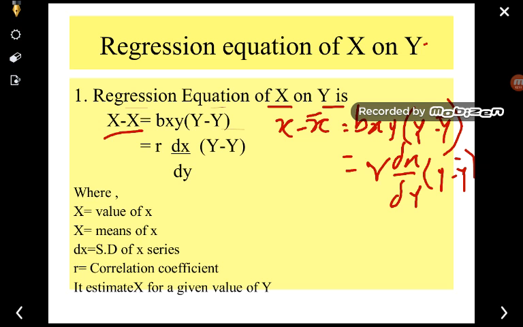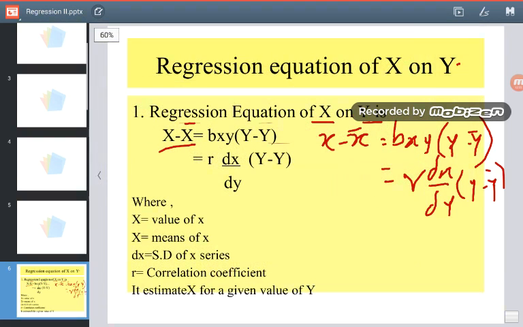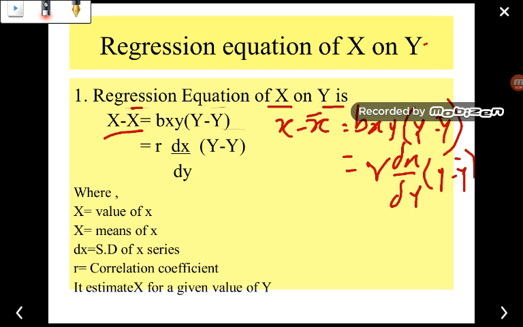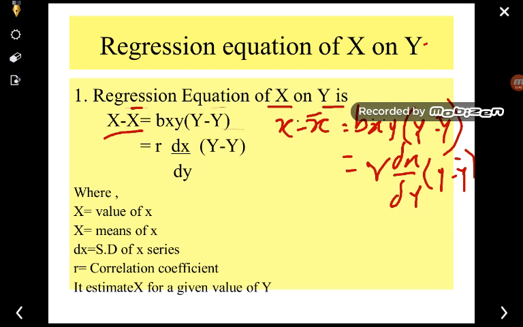So the regression equation of x on y can be represented as x minus x bar is equal to bxy into y minus y bar, or r into sigma x by sigma y into y minus y bar.